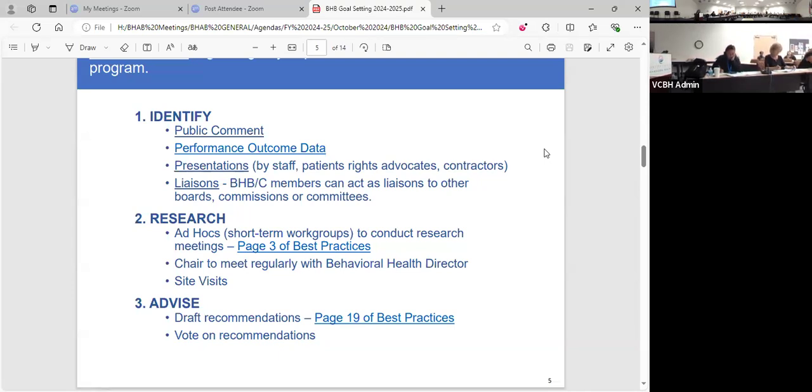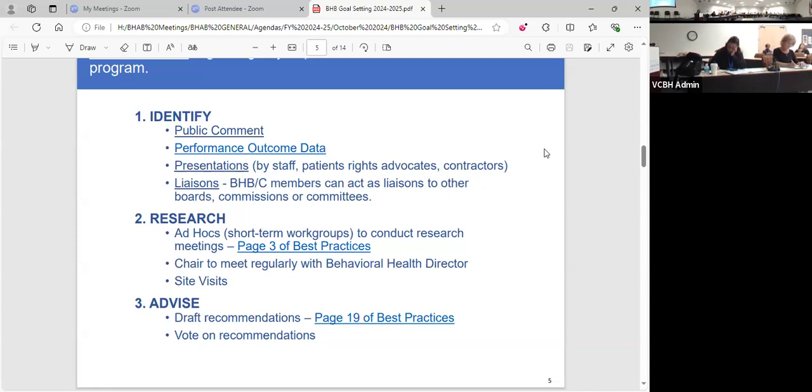So they're short-term work groups, usually a small number of your members, two or three usually, and it's time limited, so it's just a short-term meeting. It could be something you're open to researching, you can invite who you want to your meetings, you can call each other on the phone, you can email each other, you can discuss it by teleconference, however you want, and you don't have to post those meetings.